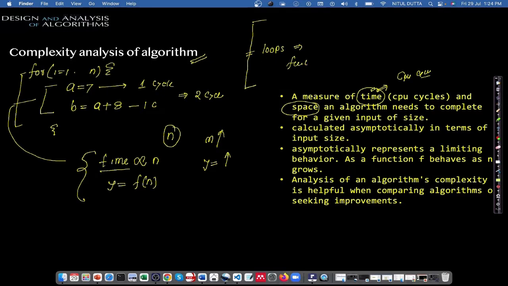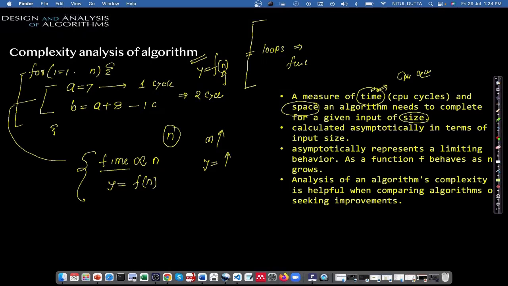Altogether, we have to come to a conclusion for y, where y is the time required to complete that function or that algorithm, and that should be in terms of n, where n is the size of the input. That is why it is a measure of time in terms of the number of cycles required, and that time is dependent primarily on the size of the input.